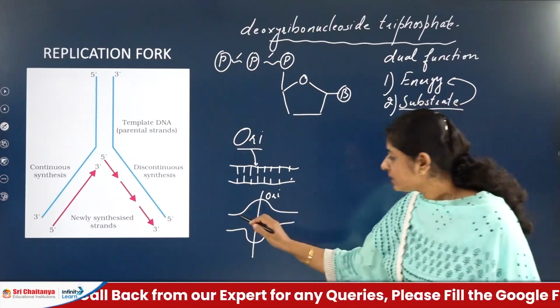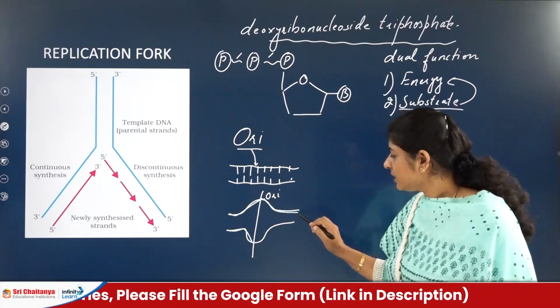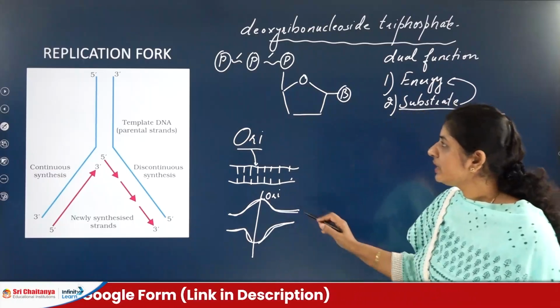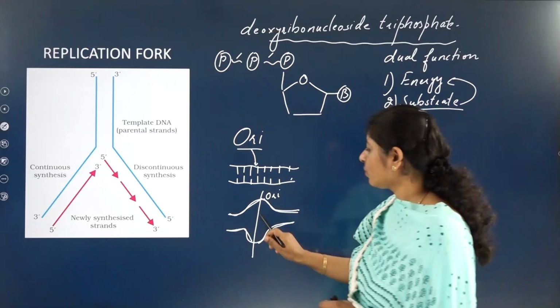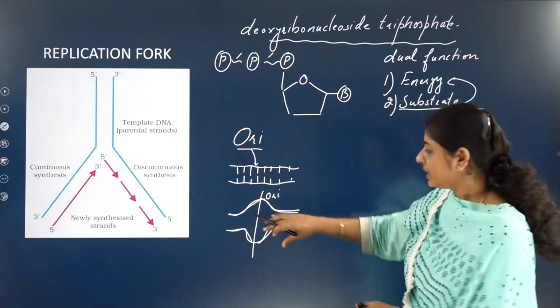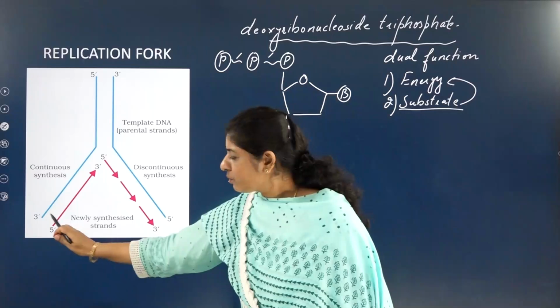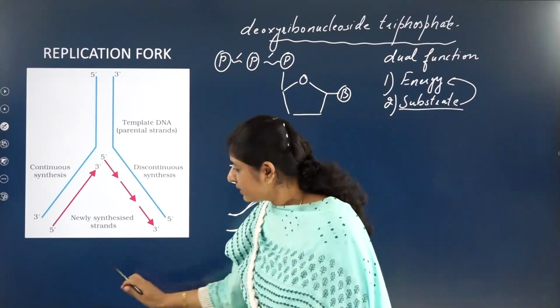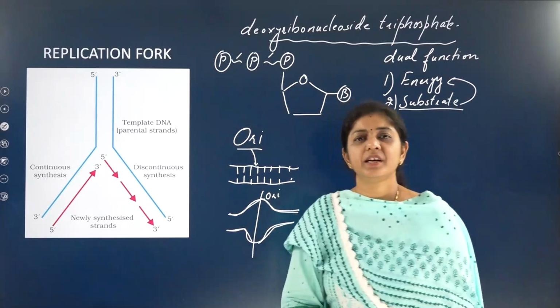And you will get this Y-shaped structure on this side as well as this side. This you call it as the replication fork. But this replication fork actually forms two, but they have shown only one. So can I say this is the ORI point? Even down you are having this Y shape, but only one they have shown in your NCERT book.